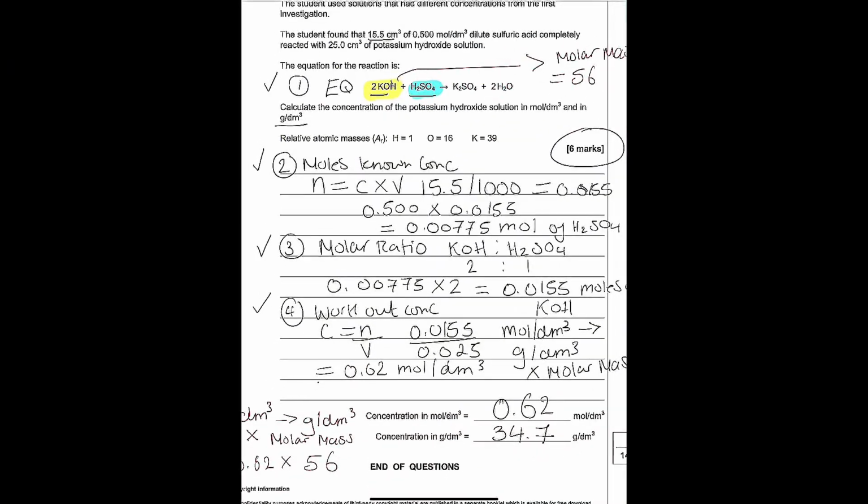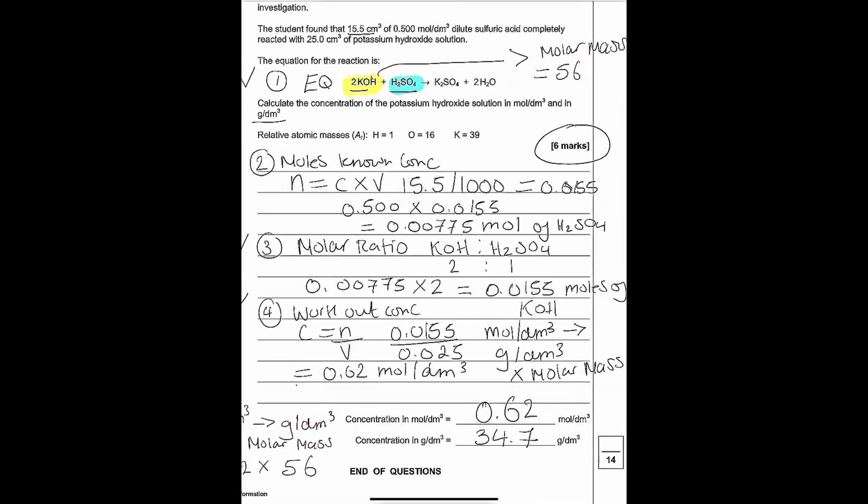Now step 2, we need to work out the moles of the known concentration. So we have the concentration for dilute sulfuric acid, and we know that the volume for dilute sulfuric acid is 15.5 cm³, but that needs to be in dm³. So you can see over here, I've done 15.5 divided by 1,000, which gives us 0.0155.